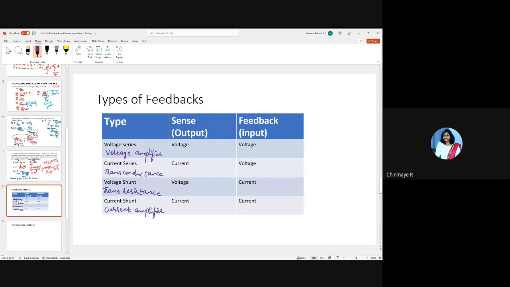So now, in case of a voltage amplifier where the input is also voltage and the output is also voltage, it is possible to feed a part of the output voltage at the input, and such kind of feedback we call voltage series feedback, where the first term here refers to the output that is sensed.